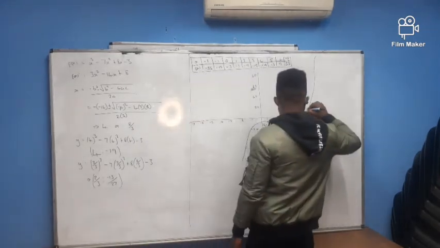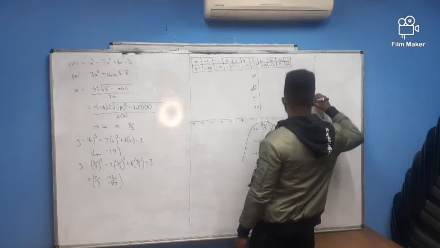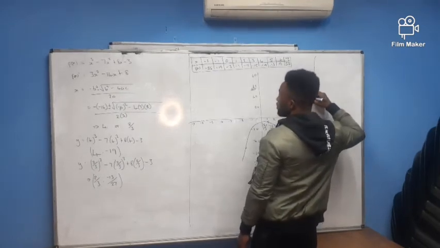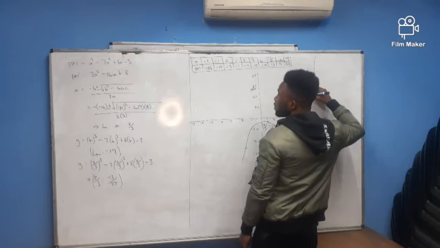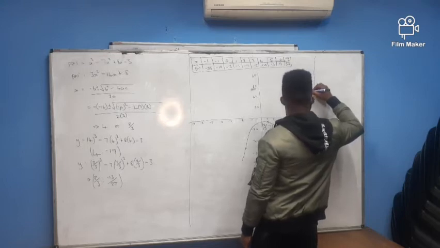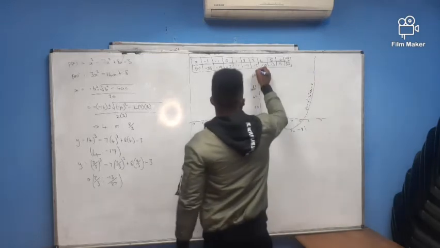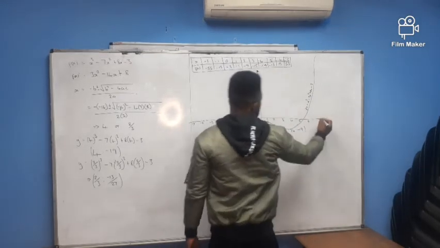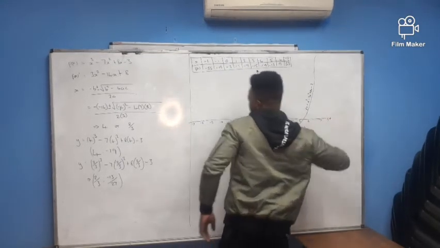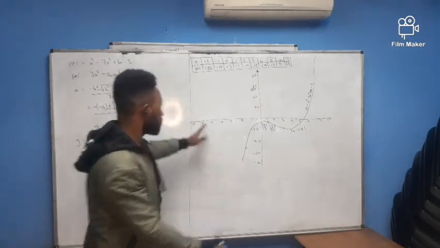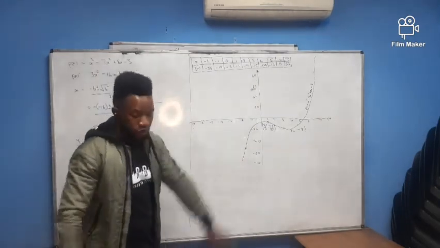You can just name your graph. Don't forget, this is my x value, this is my f at x. Which means you are done drawing your graph. So this is how your graph looks when you are doing it.